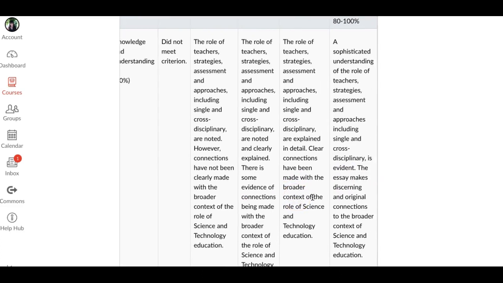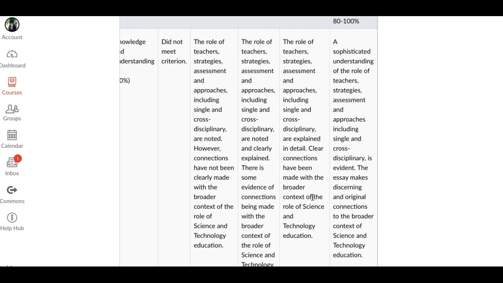And for a high distinction, which is hopefully what you're all aiming for, you'll show a sophisticated understanding of the role of teachers, strategies, assessment and approaches, including single and cross-disciplinary. So strategies are how we teach, things like using engaging activities like think, pair, share and stuff like that.